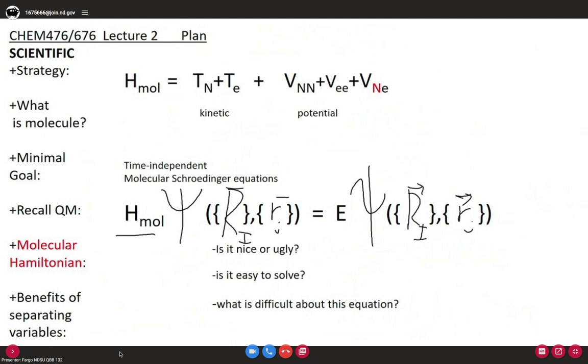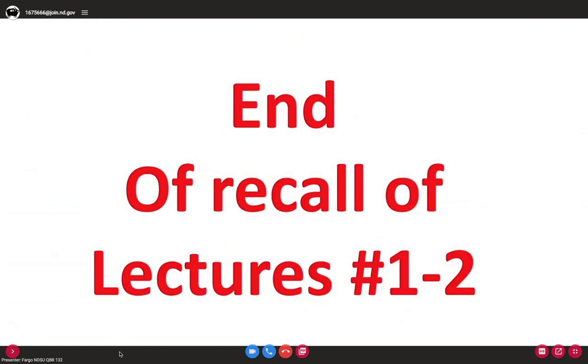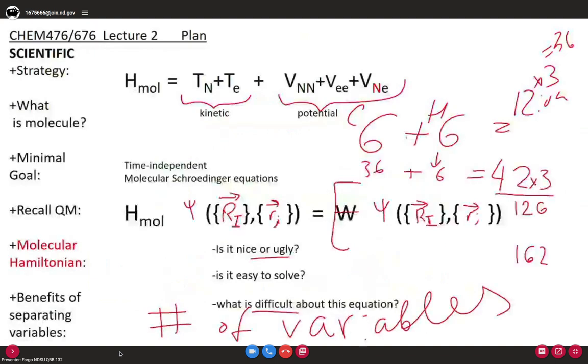For example, if we consider the benzene molecule, how many nuclear degrees of freedom are there? Benzene is a chemical molecule, if you're in physics, or if you're not in chemistry, with 6 carbons and 6 hydrogens.